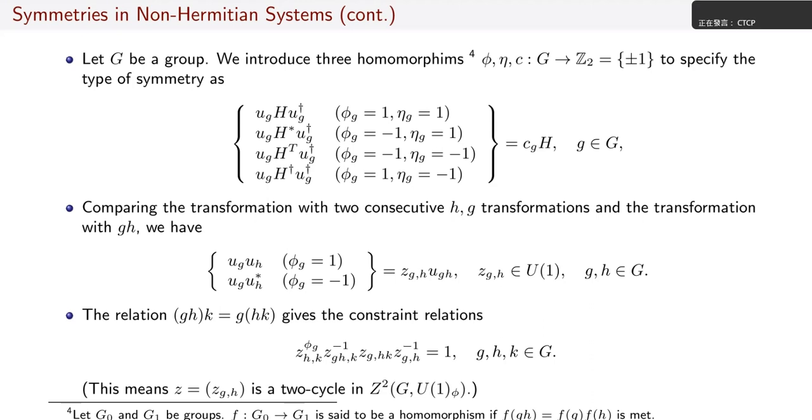Also, because this is a symmetry group, the matrix UZ should obey some consistency conditions from the group structure.